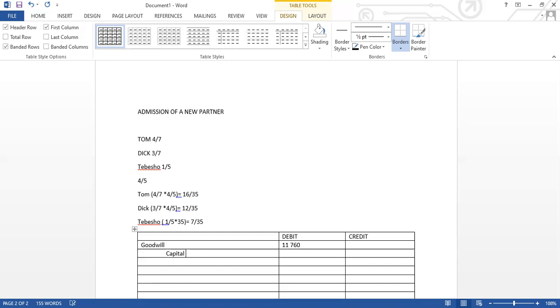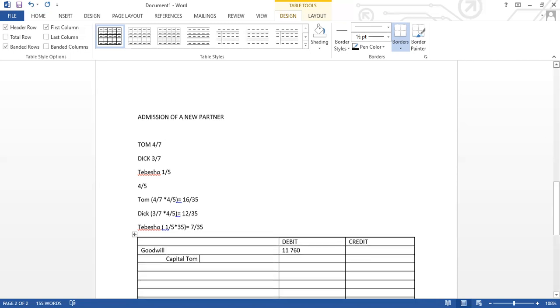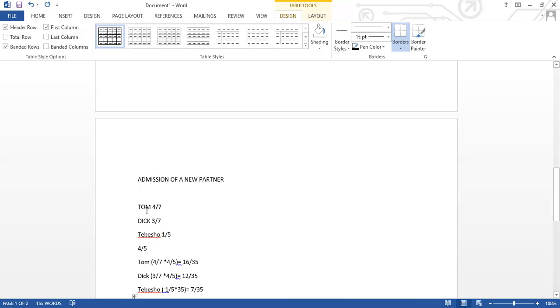So how much will Tom get? Which profit sharing ratio will we use? The profit sharing ratio that we need to use is the one that we calculated after the withdrawal of Harry, which is 4/7 and 3/7.